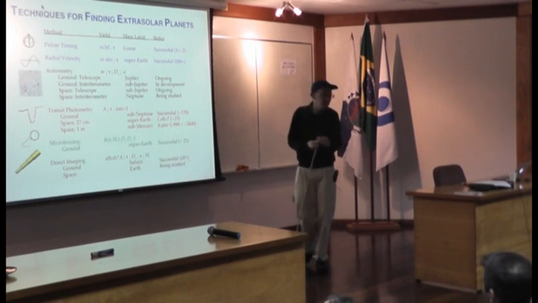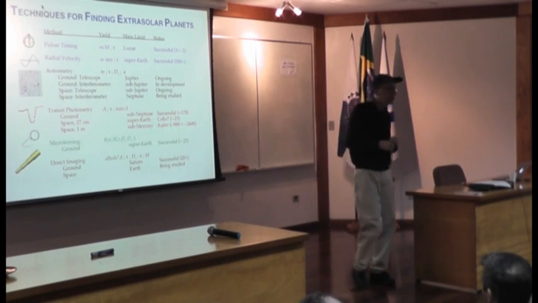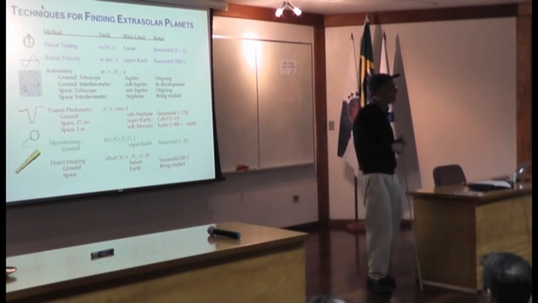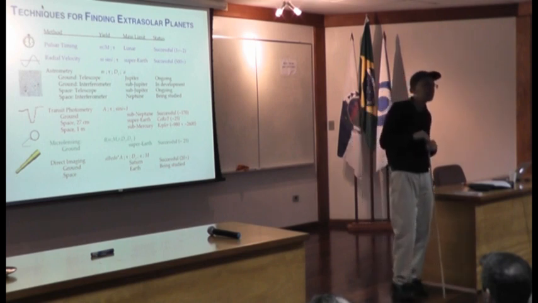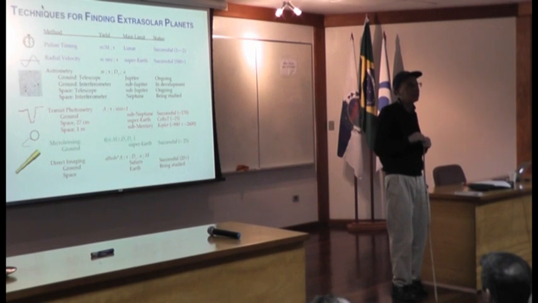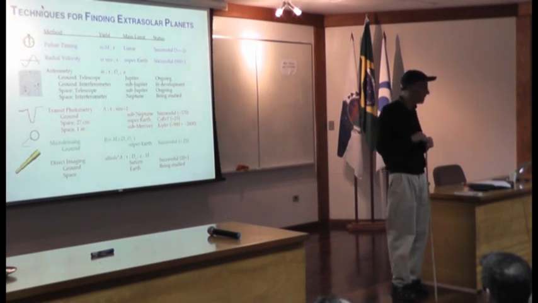Direct imaging, taking pictures, also has a comparable number of planets. They're all very massive, several times Jupiter, and they are all significant distances from their star. There are two new instruments online in Chile: the Gemini Planet Imager, GPI, which is the US instrument, and SPHERE, which is the European instrument.